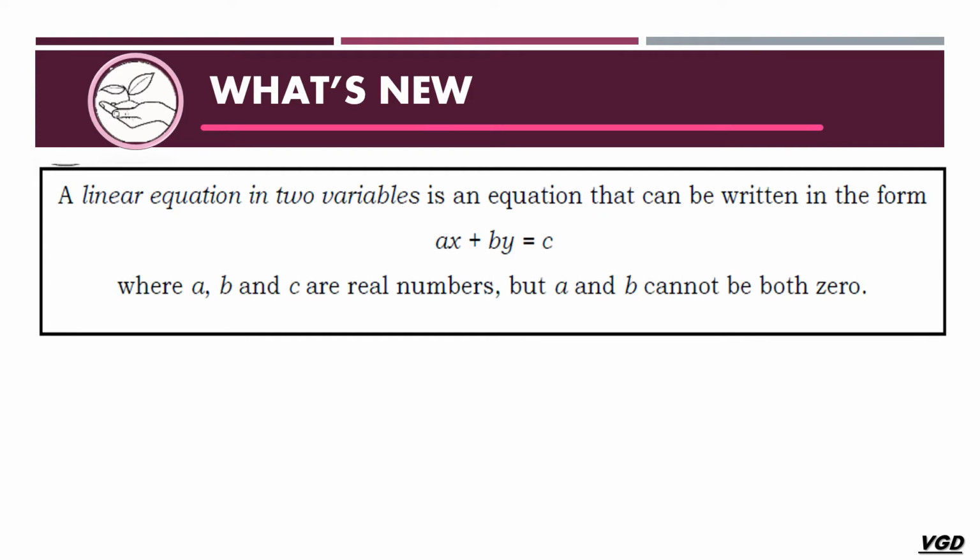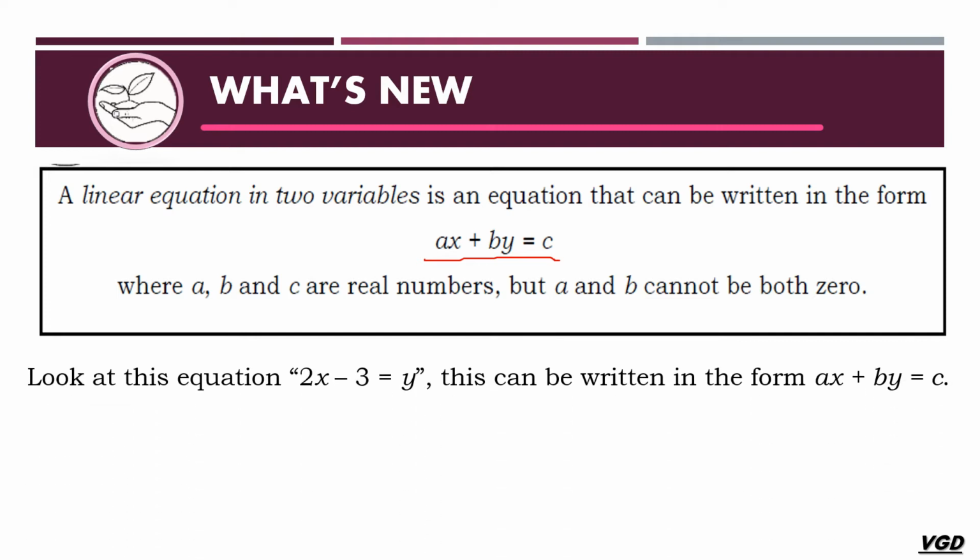What's new? A linear equation in two variables is an equation that can be written in the form ax + by = c, where a, b, and c are real numbers, but a and b cannot be both 0.